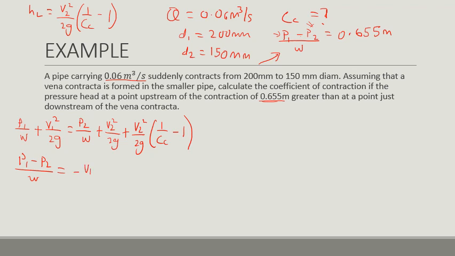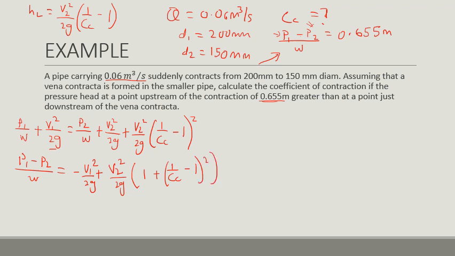Minus V1 square over 2g, bringing this to the other side, minus V1 square over 2g plus V2 square over 2g into bracket 1 plus 1 over Cc minus 1 square.